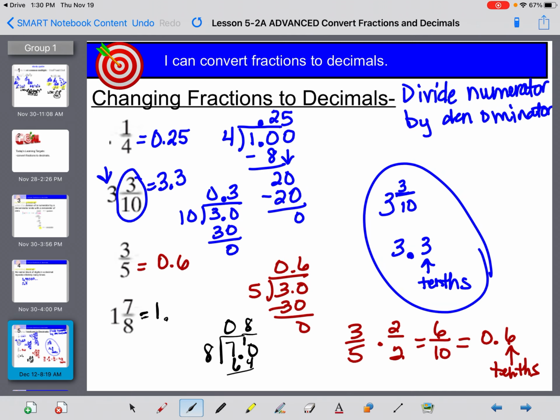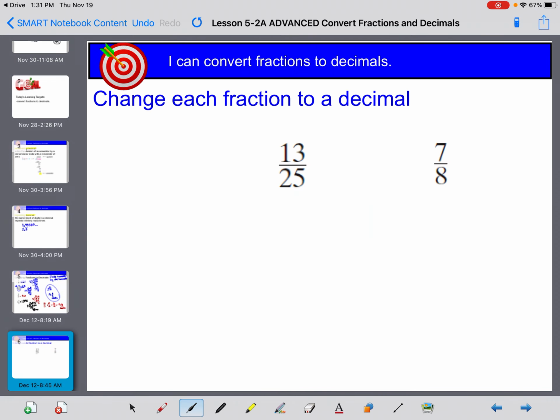Let's go with 64. 8 goes into 60 7 times, that's 56. Add a 0, that's a 40. I'm losing space here. It's 875 thousandths, 1.875. All right, so that one wasn't as easy because 8 times something didn't give you a 10, a 100, or a 1,000 in order to put it in that place.